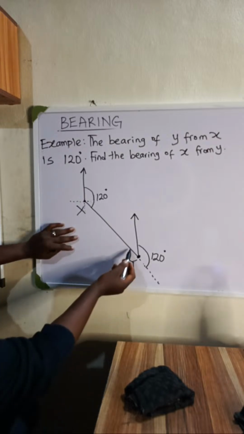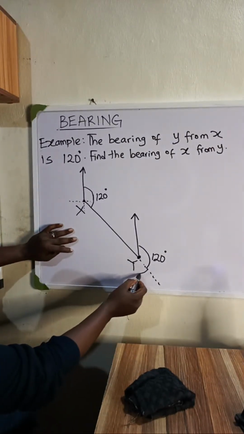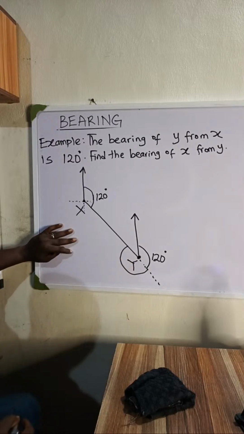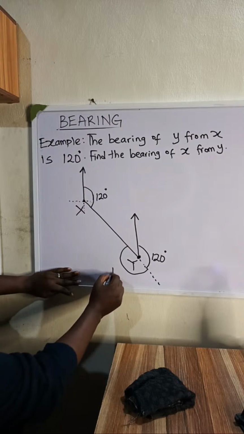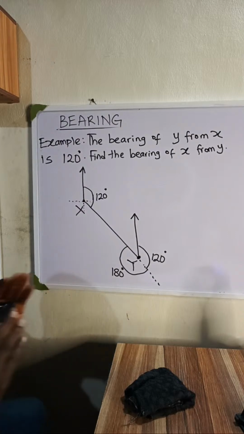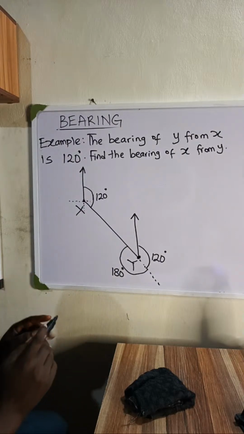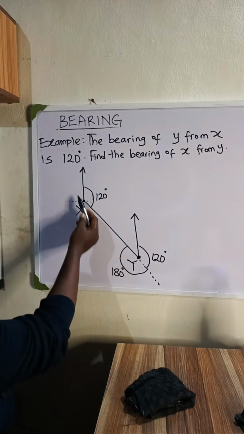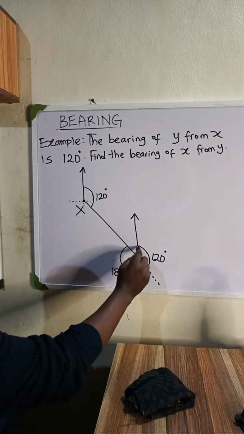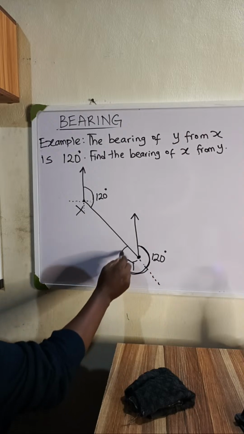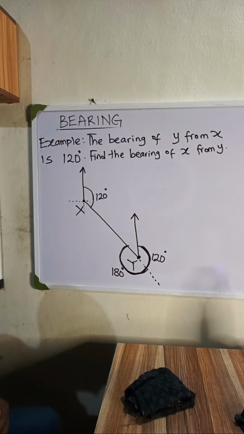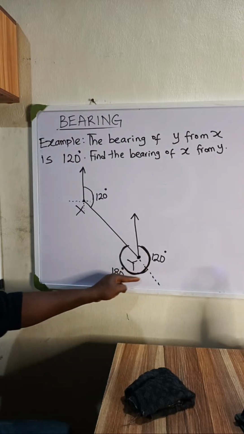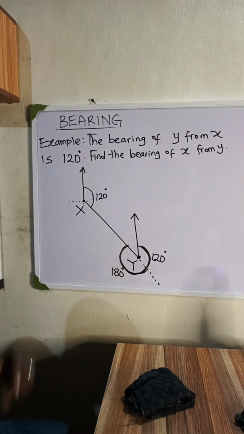But over here, we have an angle on a straight line, which is 180 degrees. Remember, the bearing is in the clockwise direction. That means if we want to go back to X, our bearing is this entire turn. This entire turn is our bearing, okay?